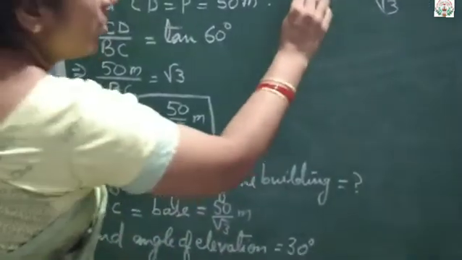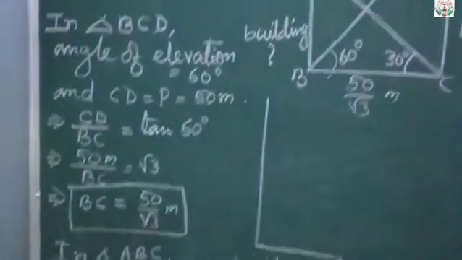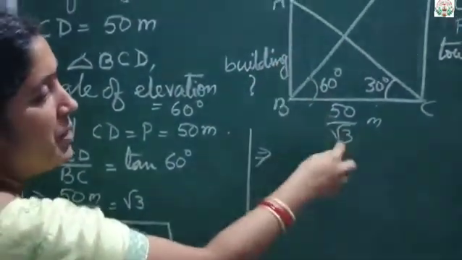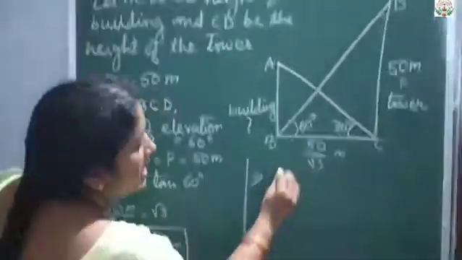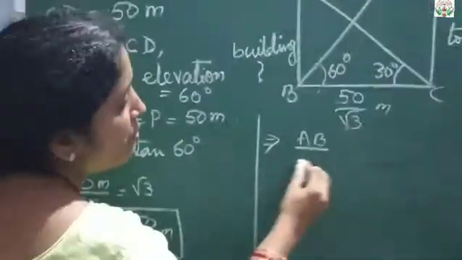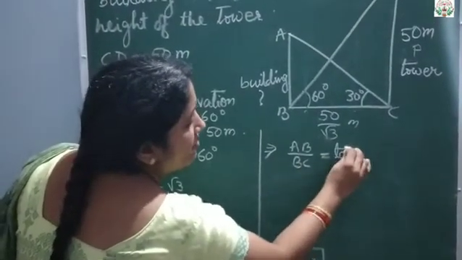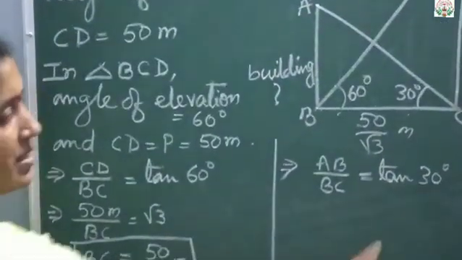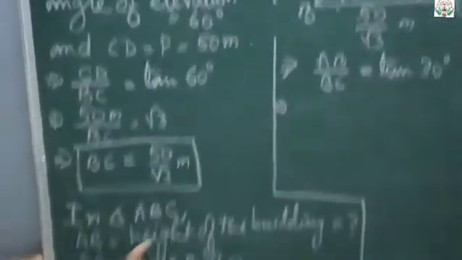Okay, then what you will do? Now see, for this what you will do here? Which trigonometric again? P by B. Okay, so it will be what? AB upon BC equals to tan 30 degree, because the angle of elevation is what? 30. So tan 30 implies, put the values. AB is how much? We do not know.